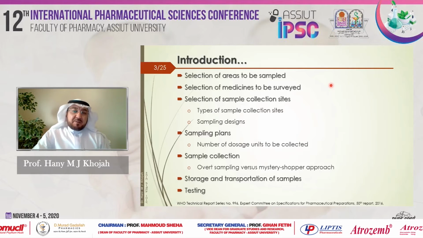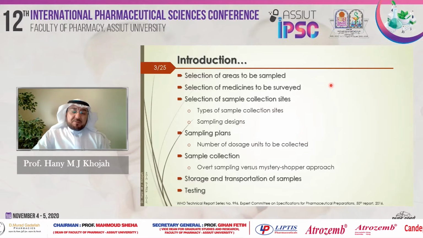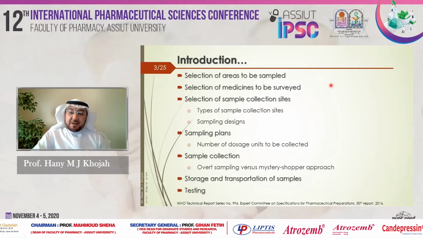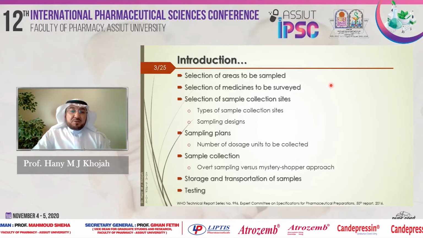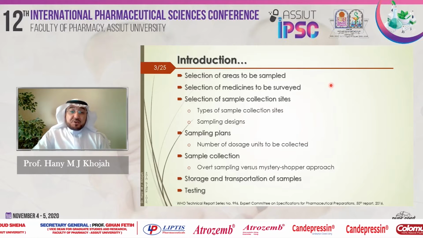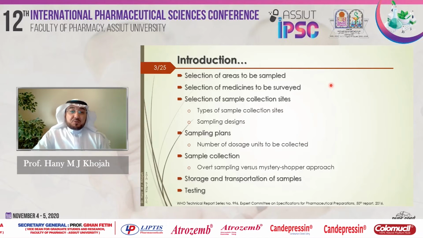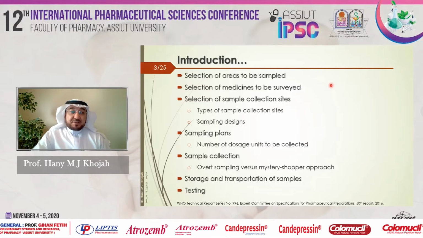If we refer to the pharmacopoeia, like the US pharmacopoeia, the British or the European, the Japanese, for the content analysis and content uniformity, usually they require a large number of dosage units, ranging from 20 up to 60 or sometimes 80 units.